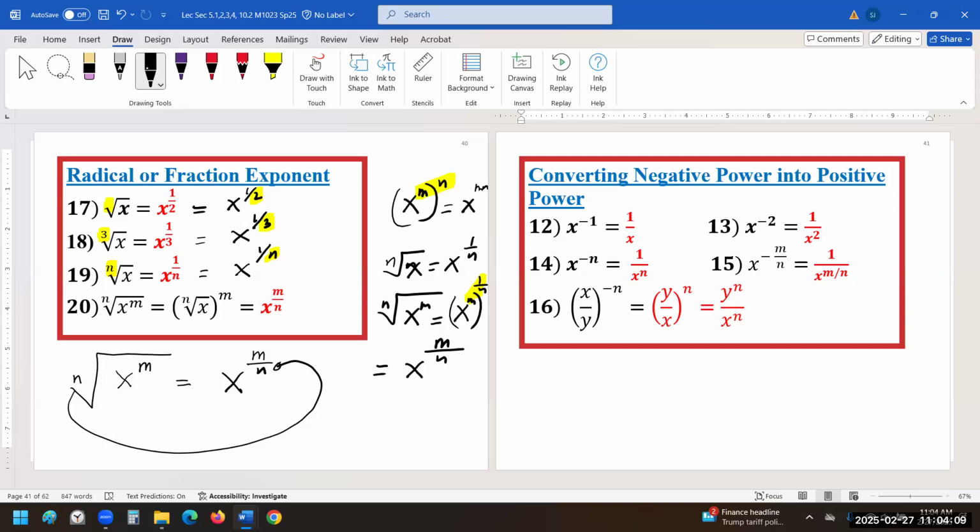And the order, you can place them inside or outside. So this expression is the same as nth root of x and then the power m. All three expressions are the same.